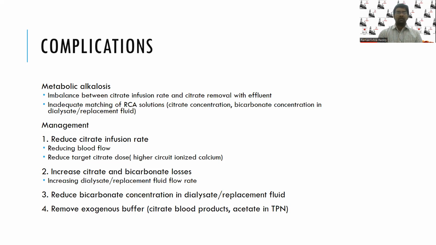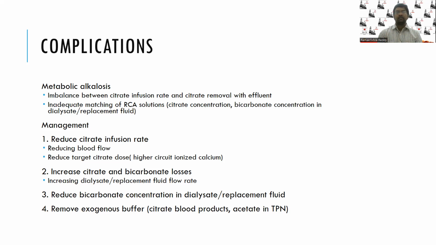In order to avoid this, or when there is metabolic alkalosis, how to manage it is to reduce the alkali or increase the alkali loss. This can be achieved by reducing the citrate infusion rate. How to reduce the citrate infusion rate? Reduce the blood flow, or reduce the target citrate dose by delivering high ionized calcium.